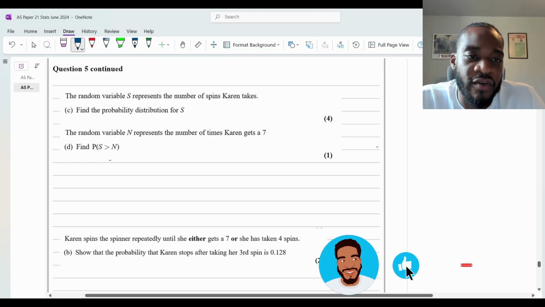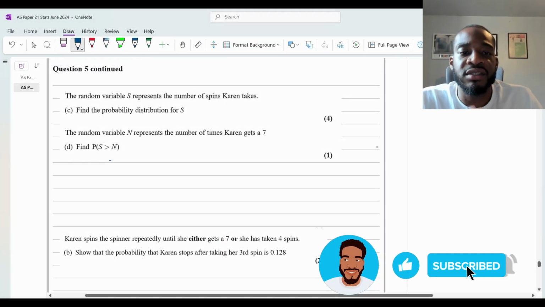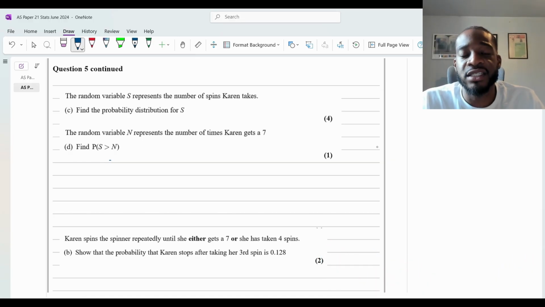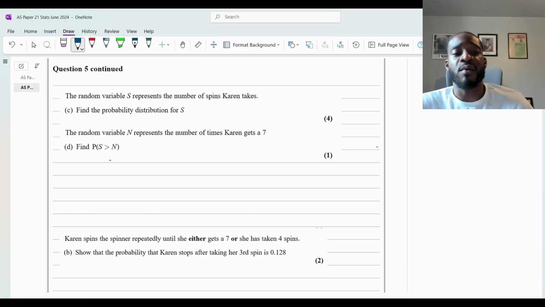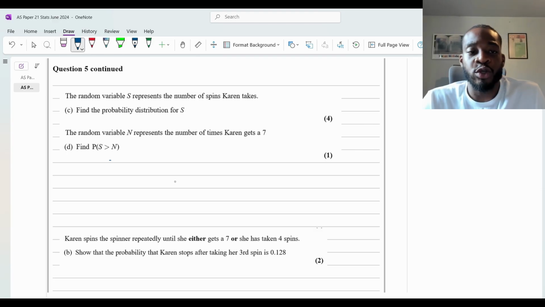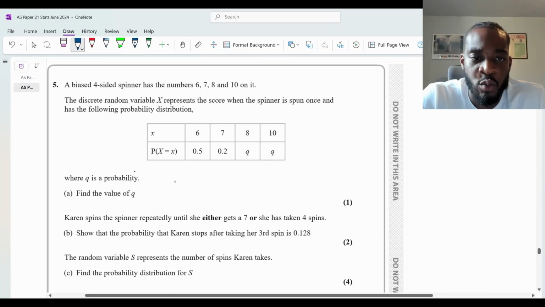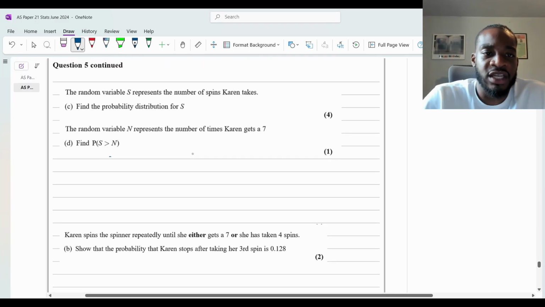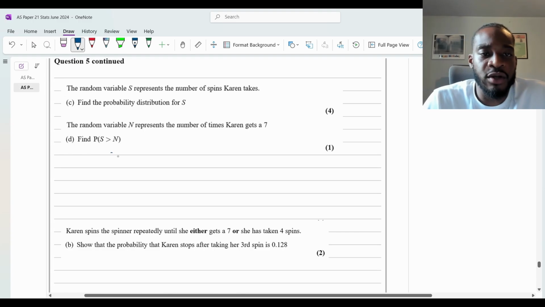Okay, so part C says the random variable S represents the number of spins Karen takes. Part C says find the probability distribution for S for 4 marks. Now, whenever they ask you to find a probability distribution, guys, remember you're just constructing a table of the probabilities. Very, very similar to what we have in part A. So what I'm going to do is, we're dealing with the random variable S, so I'm going to construct a table.